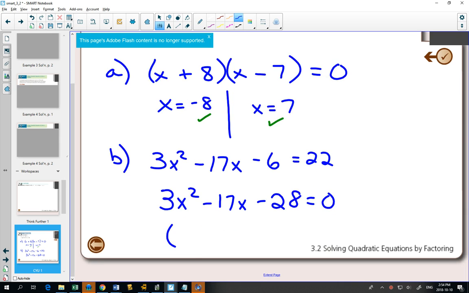And now we have to factor. To get 3x squared, it has to be 3x and x. Mental math, two numbers that multiply to 28 so that your outside and inside make 17.